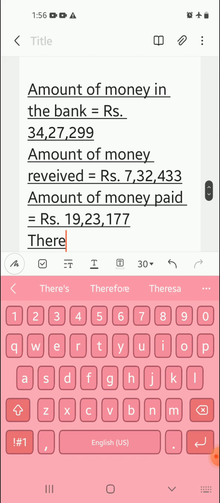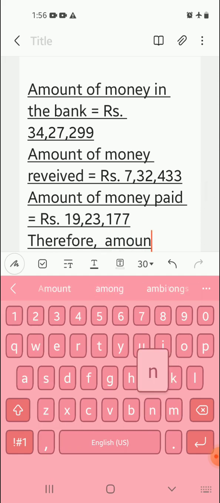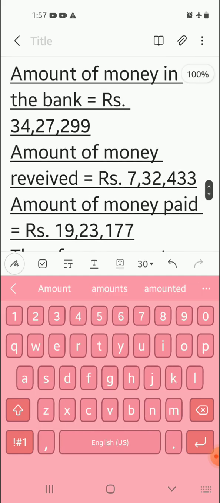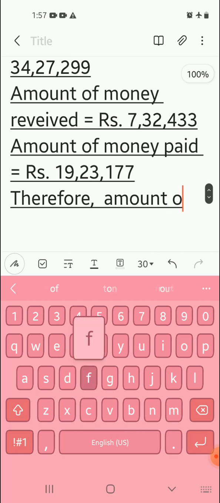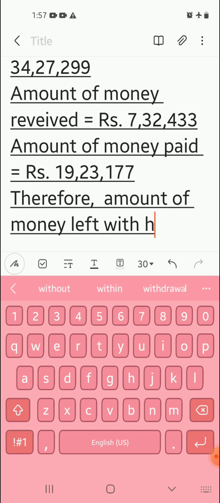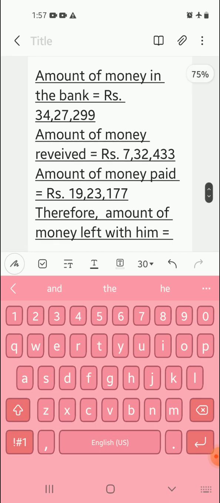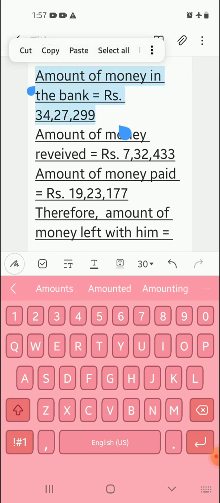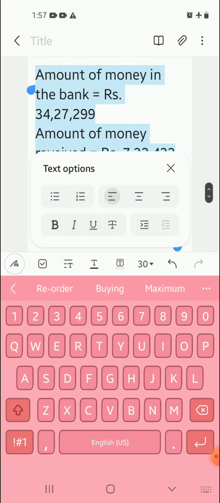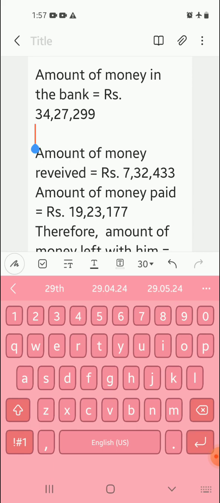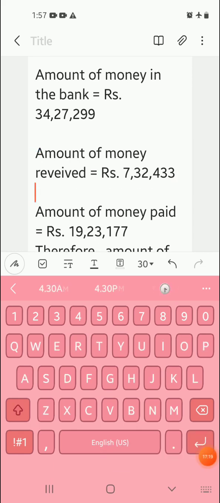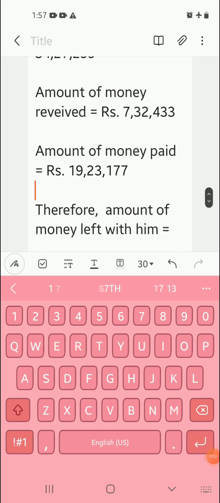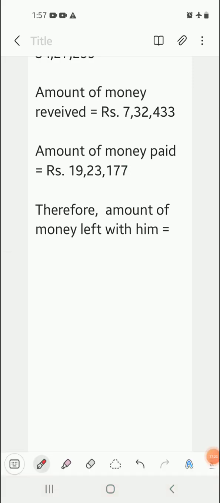Now we are going to write therefore amount of money left with him is equal to, what we have to do, we need to understand. See, first of all, we had this much amount of money, we had received further money, and then some money is paid in bills.